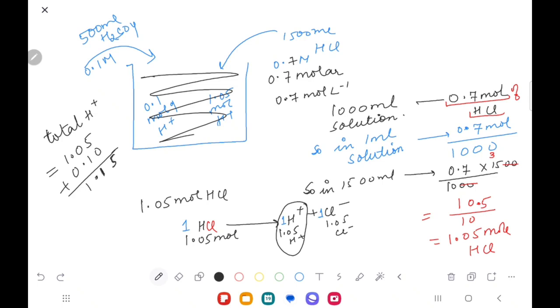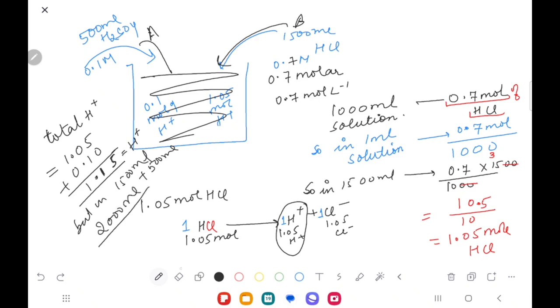I have these many total moles of H plus, but in how much liters? 1500 ml solution is coming from side B and 500 ml is coming from side A. So in 1500 plus 500 ml, that means in 2000 ml solution. Yes or no?